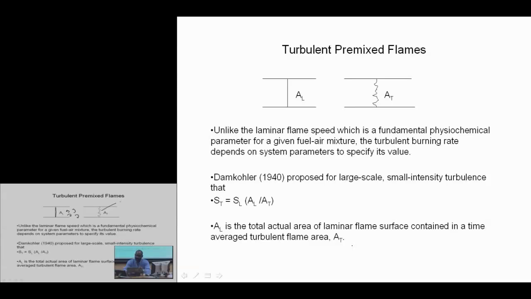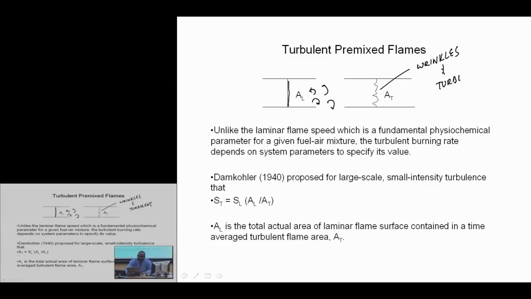Initially the flame wrinkles, and as it wrinkles, it consumes more and more reactants per unit of duct area because it's more corrugated. Eventually, as it accelerates, it pushes the stuff ahead of it faster, and it gets more and more turbulent itself. So there's a process by which this system becomes turbulent in terms of the instabilities and the initiation.